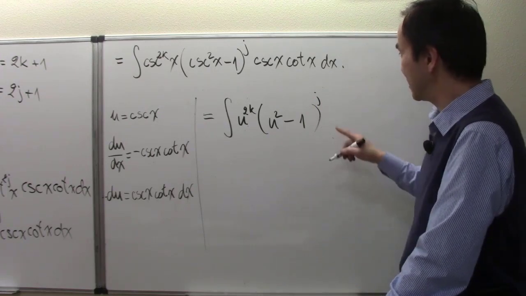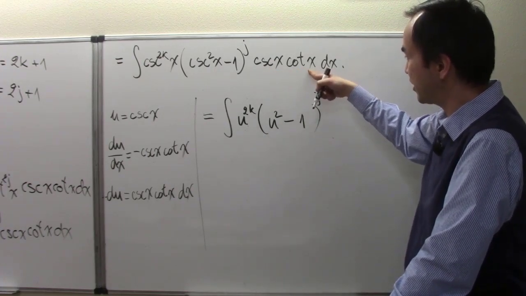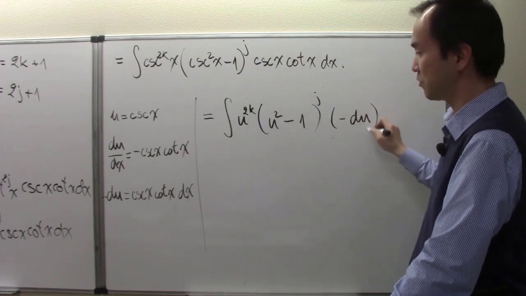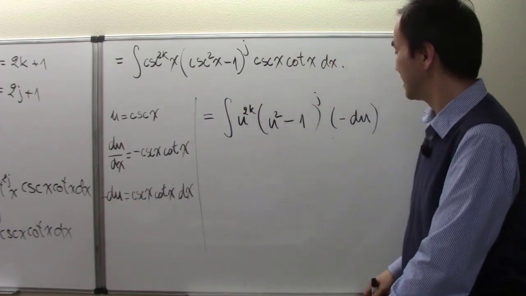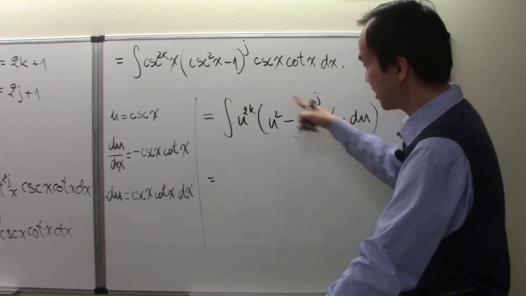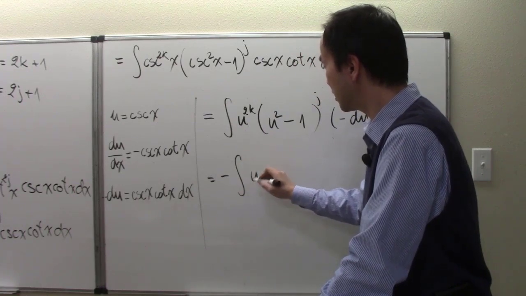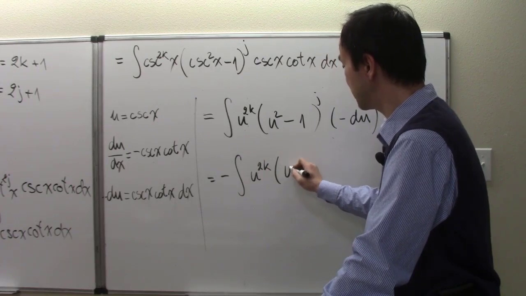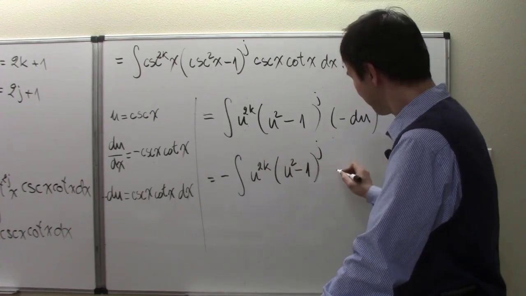Then all of that cosecant of x times cotangent of x times dx can be substituted by minus du. I can also bring that minus sign in front of the integral, and the integral becomes much cleaner: u to the power 2k multiplied by u squared minus 1 to the j power, du.